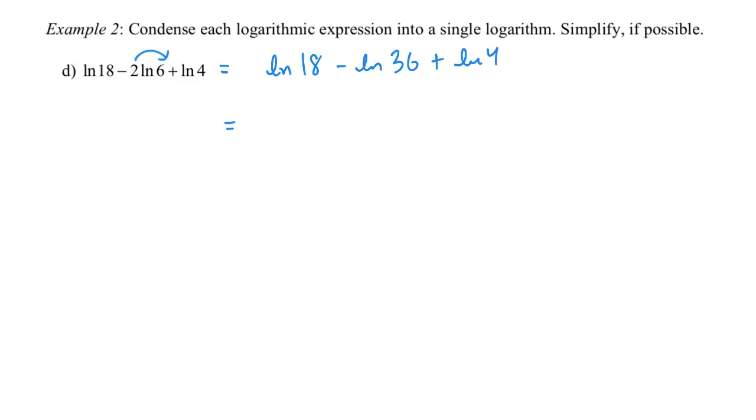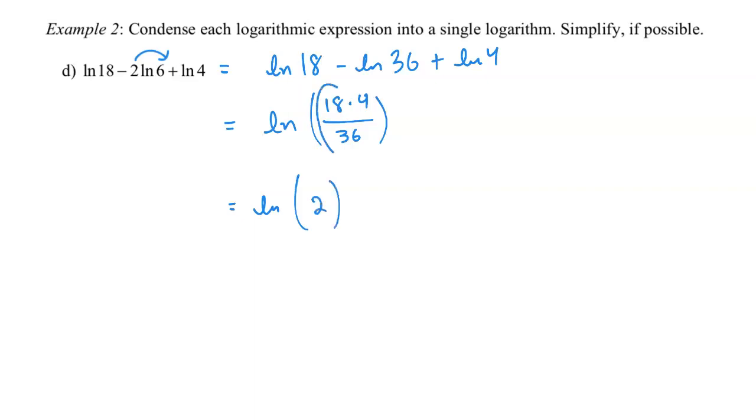Now, we're going to use a combination of the product and quotient rule here, using our little rule of thumb that any logarithm that's positive will go to the numerator. So 18 times 4 will go to the numerator, and since minus natural log of 36, we're going to have divided by 36. And then if we simplify that number on the inside, 18 times 4 is 72, and 72 divided by 36 is 2.